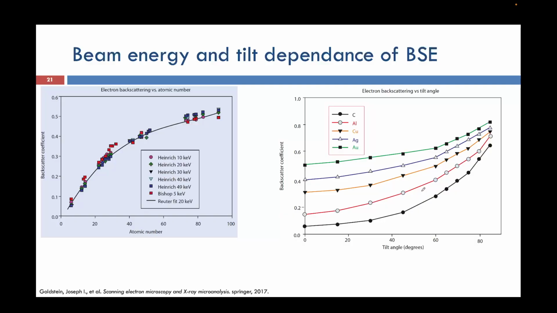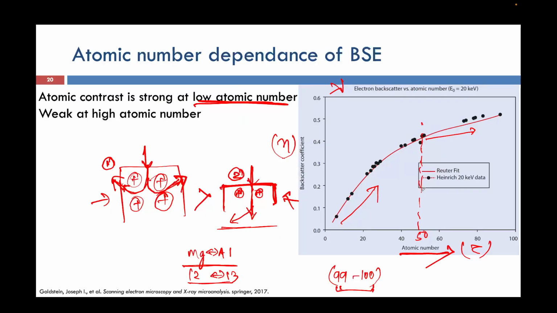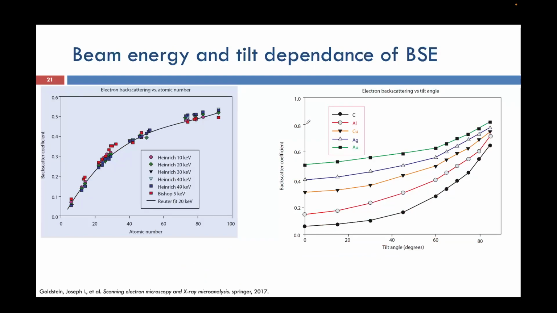Similarly, the beam energy and tilt dependence of backscattered electrons. Here we see that as we increase the atomic number, eta also increases. But when we change the voltage, here you can see 10 keV to 20, 30, 40, 49, increasing or even decreasing the beam voltage, the curve more or less remains the same, because this shape is due to atomic number.